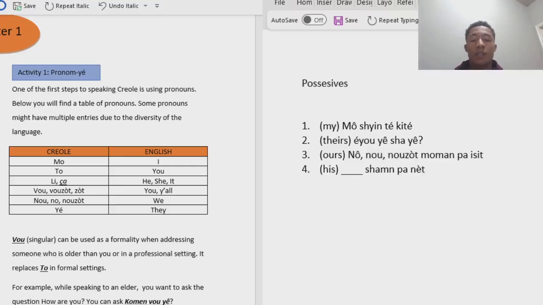All right, the last one. Blank shom pa net. Blank room is not clean. Y'all got it. Ooh, no. Do we think it's Lee?